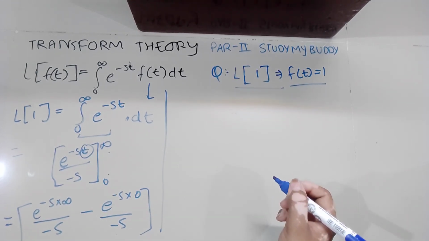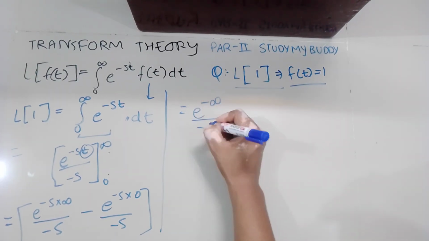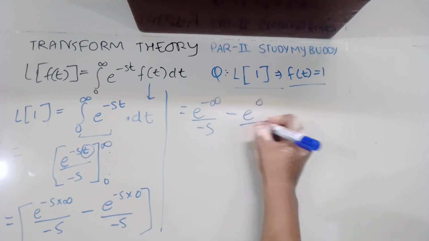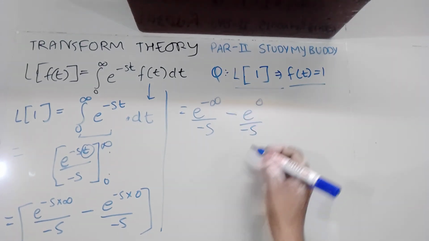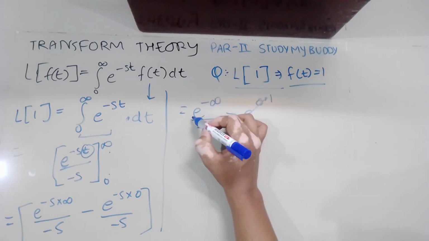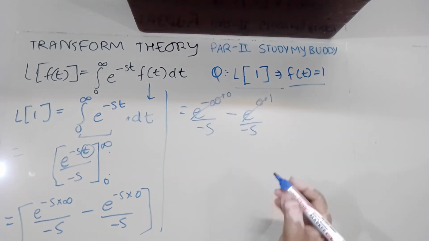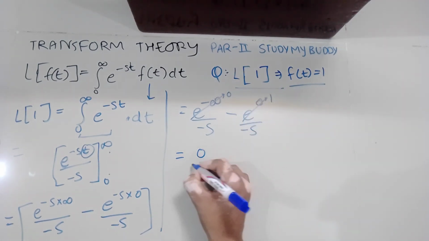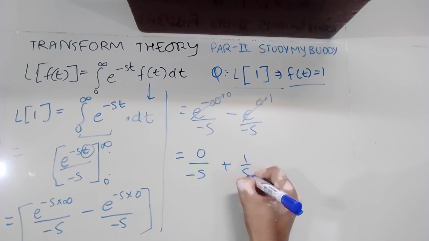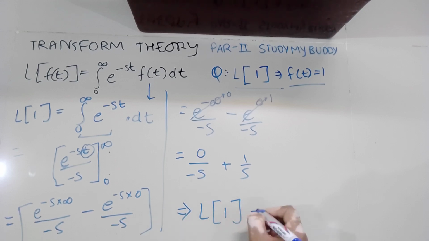We are replacing these values in the t term, okay. Now this will be equal to e to the power minus infinity upon minus s minus e to the power 0 upon minus s. Now we know e to the power 0 is equal to 1 and e to the power minus infinity is almost equal to 0, right? And so our answer will become 0 plus 1 upon s. Okay. And then we can conclude that the Laplace of 1 is equal to 1 upon s.